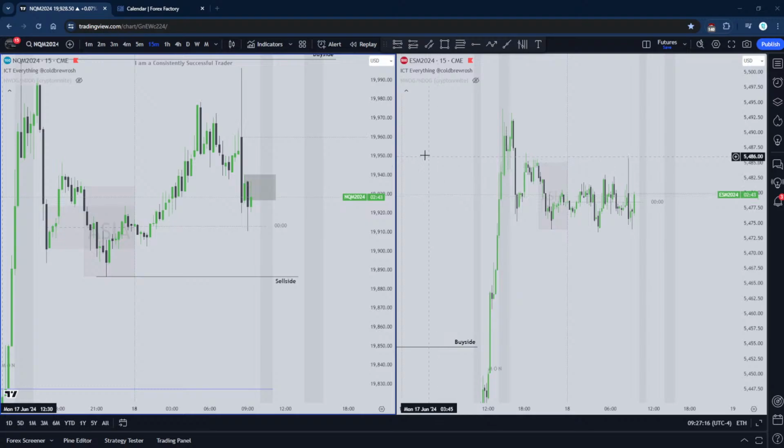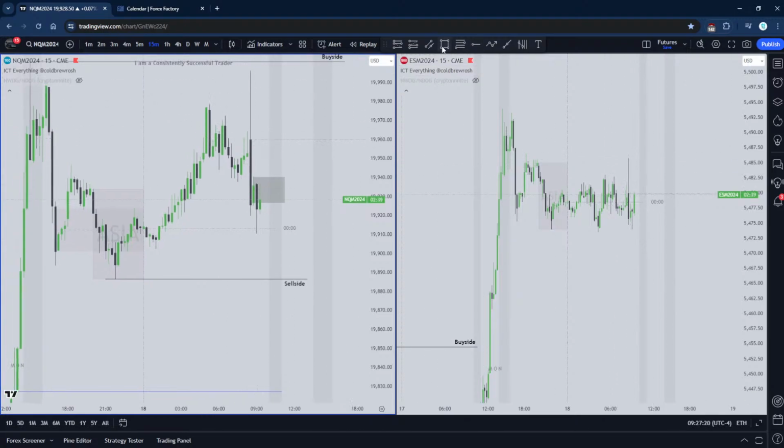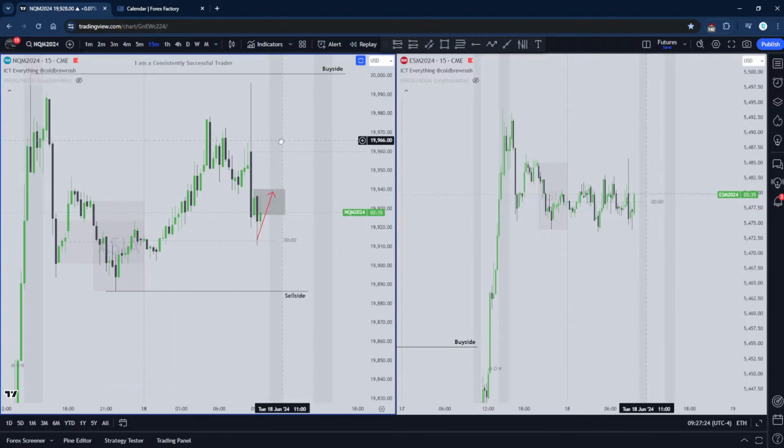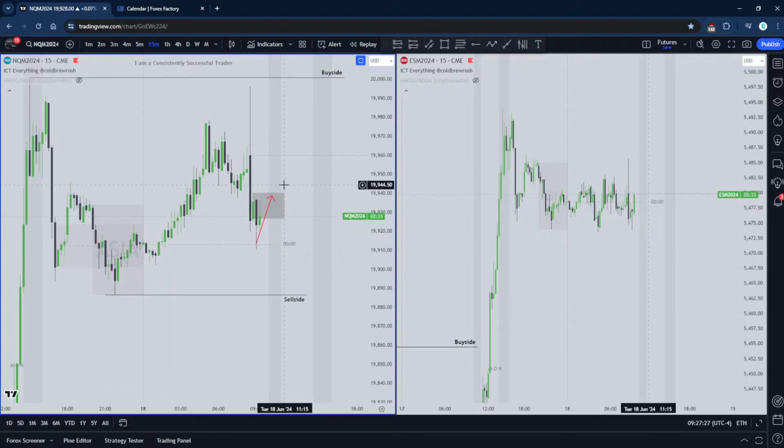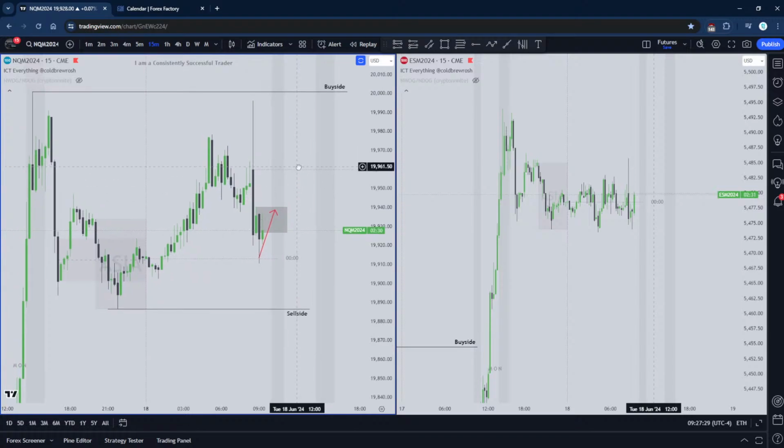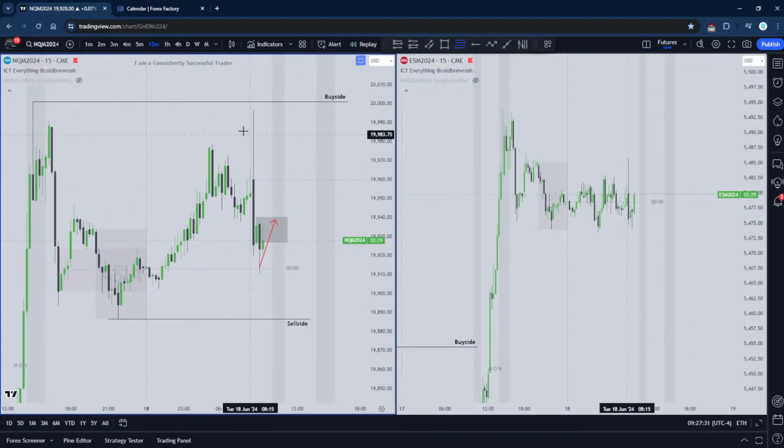Okay, yeah, so let's say that we get some sort of movement higher, and this is an area for us to sell. We would need discount to get touched from this high to here. I need this to get touched basically.